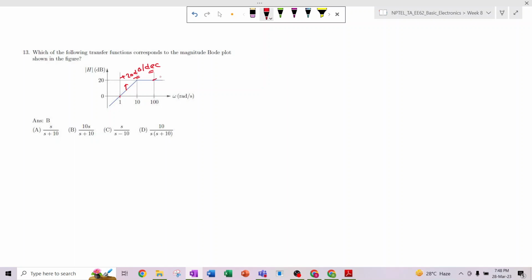And here we can see that it is 0 dB per decade. As there is plus 20 dB per decade earlier, it has a zero at the origin, and the other part will start from a certain point.